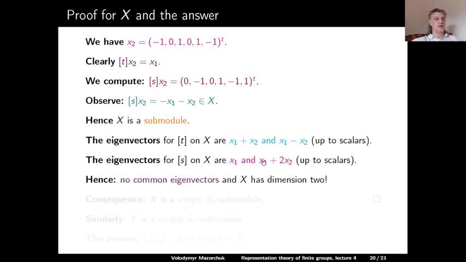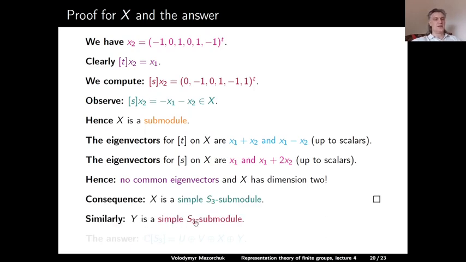But in particular, there are no common non-zero eigenvectors. And the module X has dimension 2. If X were not simple, it would have a one-dimensional submodule, which would mean a common eigenvector for S and T. So X must be a simple S3 module.